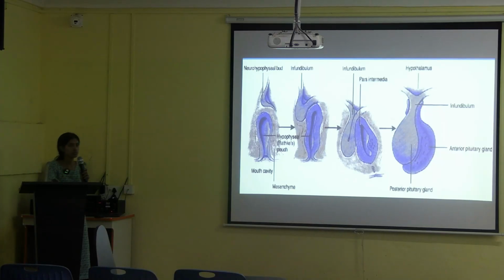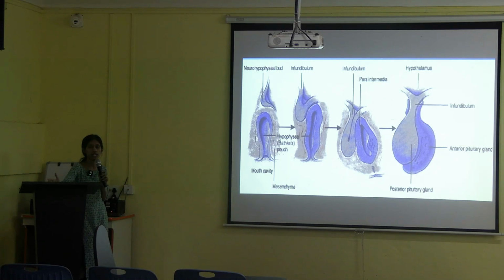So, is it clear? Your pituitary gland has a total of 2 parts, an anterior part derived from the ectodermal lining of the oral cavity, whereas the posterior part is derived from the neuroectodermal lining of the third ventricle and hypothalamus. In both cases, we can see the formation of a pouch-like structure. From the oral cavity, the pouch develops in the upward direction, but from the third ventricle derivatives, the pouch develops in the downward direction.